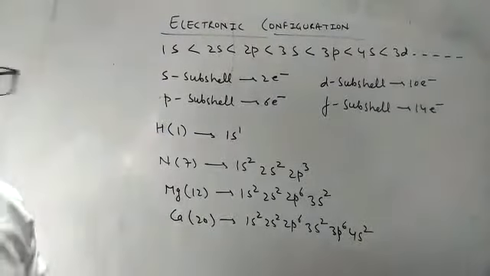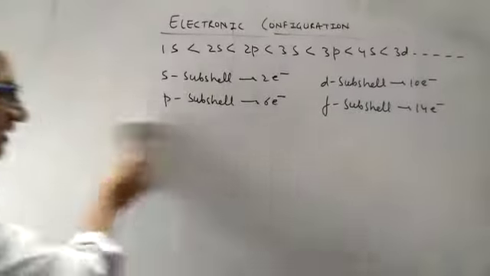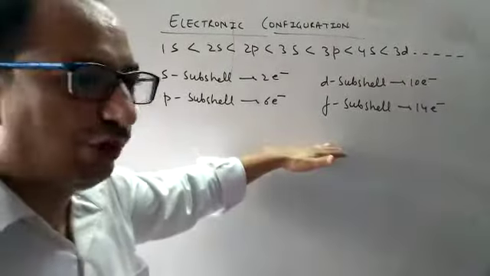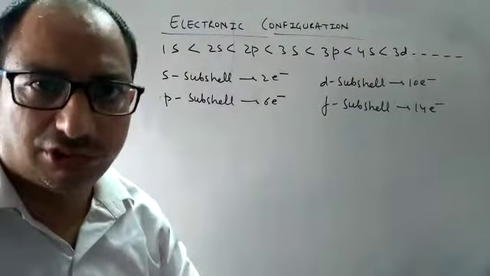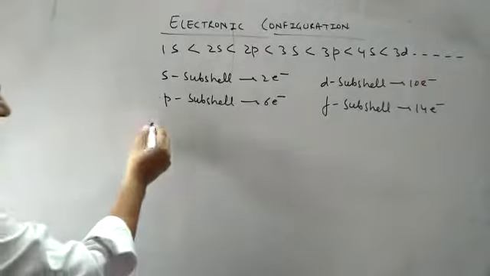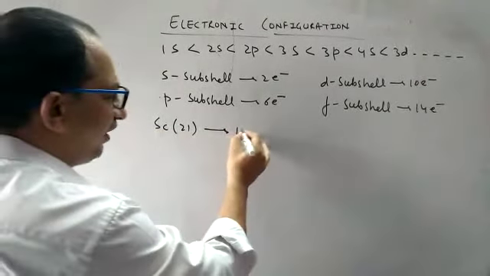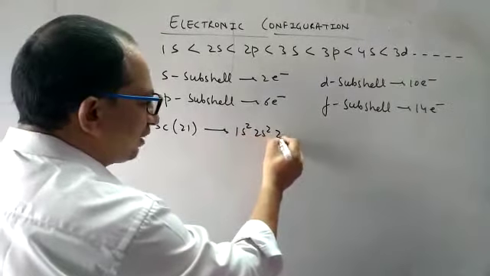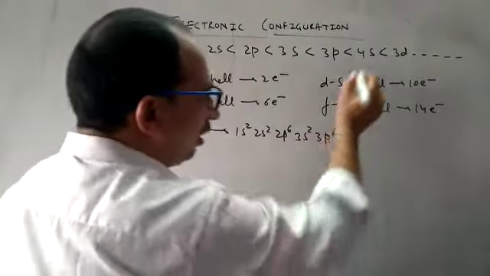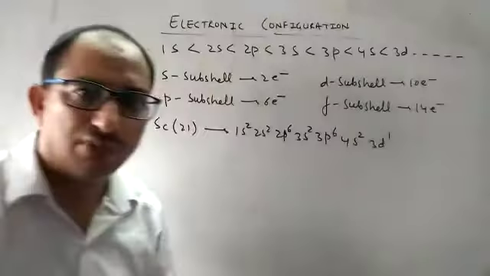Now we will see the configuration for the elements having atomic number greater than 20. Up to 20 you have studied in class 10. Say scandium, atomic number 21. The configuration becomes 1s2, 2s2, 2p6, 3s2, 3p6. Now see, 4s2, 3d1.